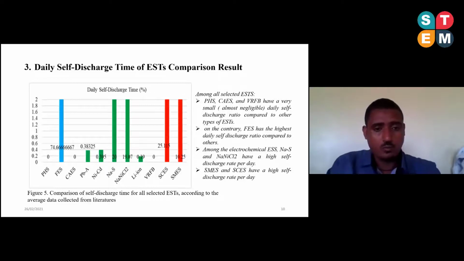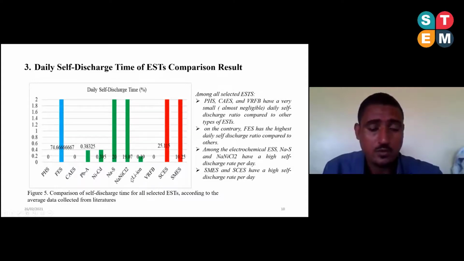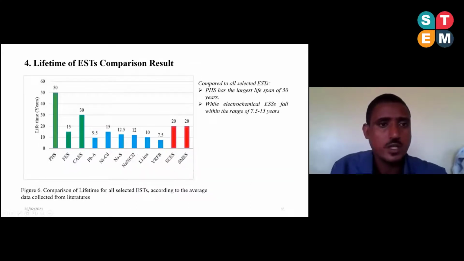When we come to the chemical energy storage types, sodium sulfur and sodium nickel chloride have high self-discharge. For instance, sodium sulfur has 20% self-discharge, and sodium nickel chloride almost 90.07. Similarly, among electrical energy storage, supercapacitor and superconducting magnetic energy storage also have high daily self-discharge compared to others.